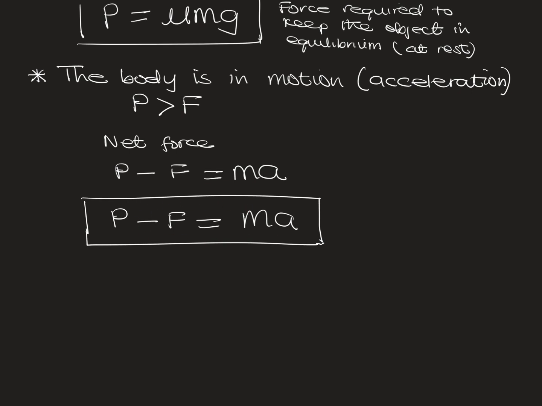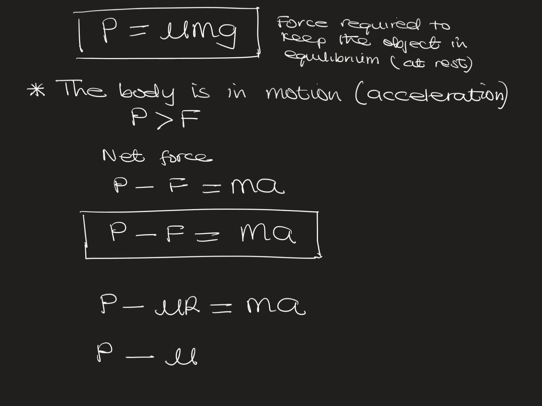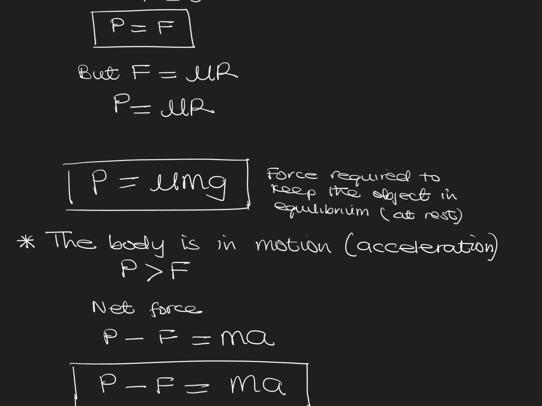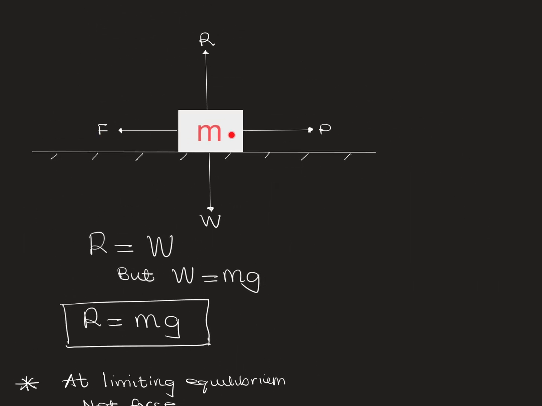Using this, we can substitute for the parameters that we have already derived. P minus the frictional force, which is mu R, is equal to ma. So P minus mu R, and R is not affected, so R is still equal to weight, okay? Why? Because even if the body is accelerating, the vertical component is not affected, so which means the R and W will still be equal, and W is equal to mg.